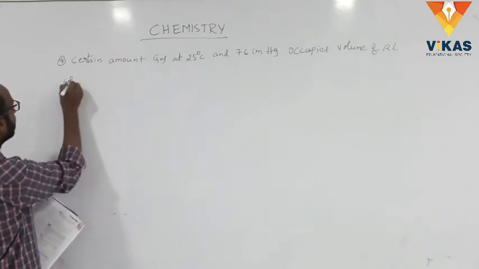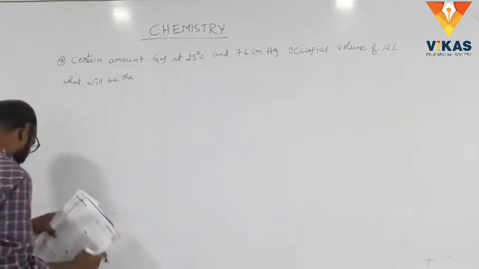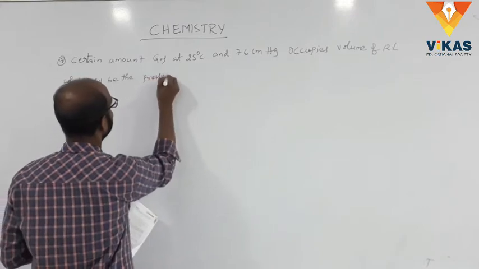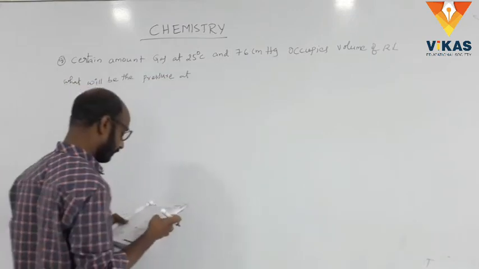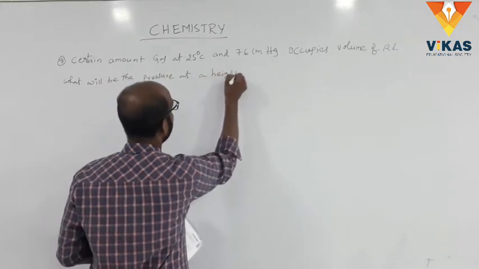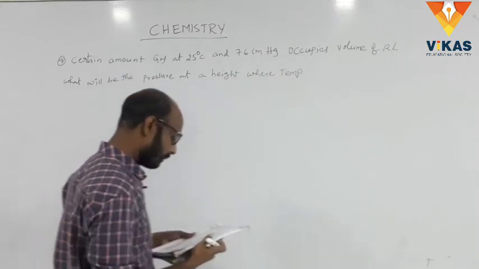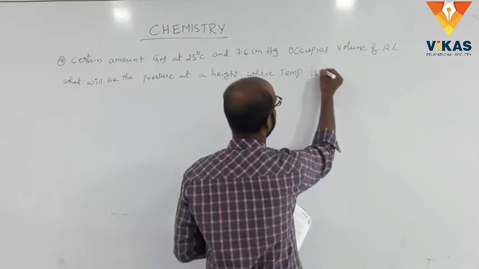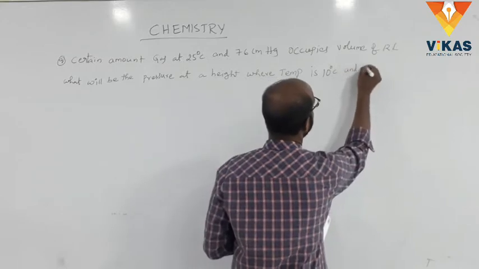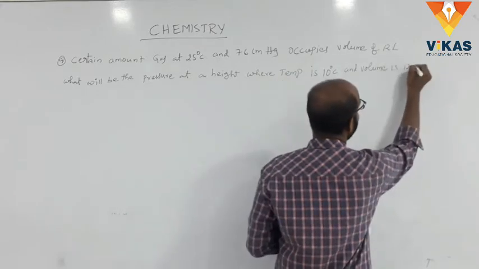What will be the pressure at a height where temperature is 10 degrees centigrade and volume is 12.8 liters.